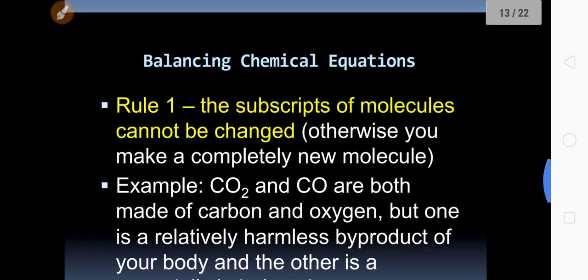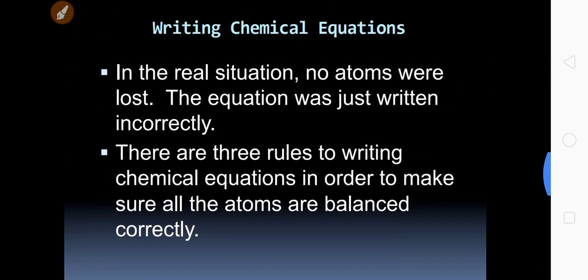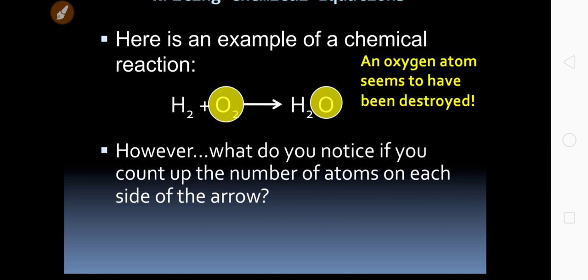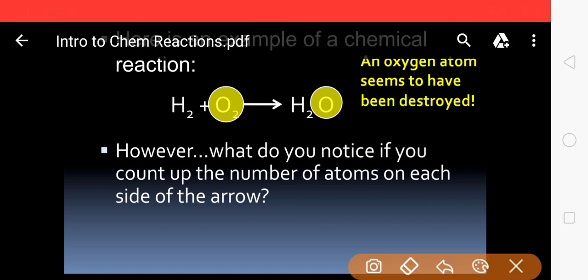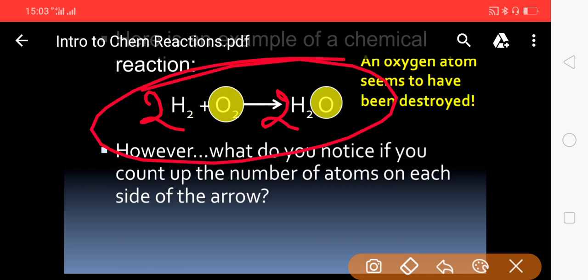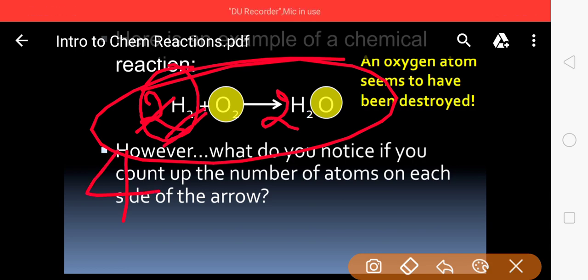The second type of equations are balanced equations. Let me show you a balanced equation here. If I put 2 here and 2 here, then this equation is said to be balanced. How? How many hydrogen atoms are there? 2 2s are 4, so 4 hydrogen atoms and 2 oxygen atoms on the LHS.